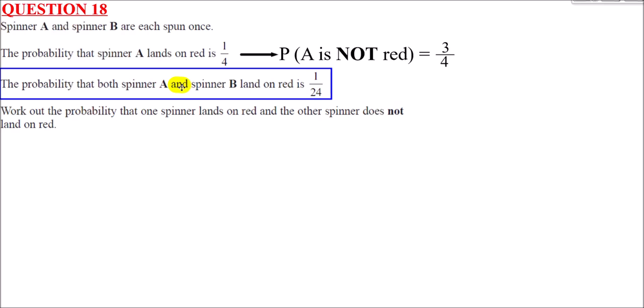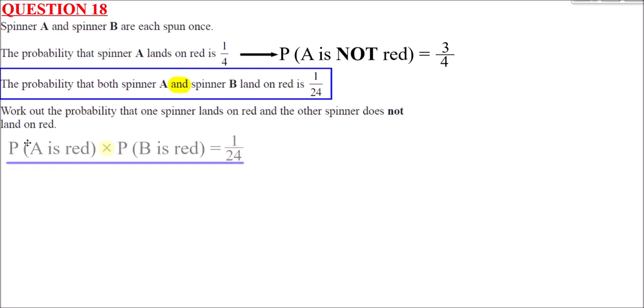With probability, almost universally, the word and implies multiply two probabilities together. So the chance that A is red multiplied by the chance that B is red also, because and implies multiply, is 1/24.